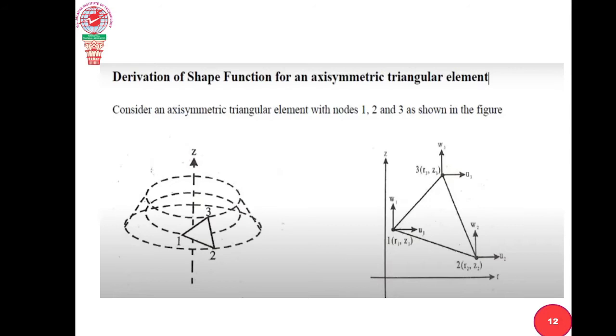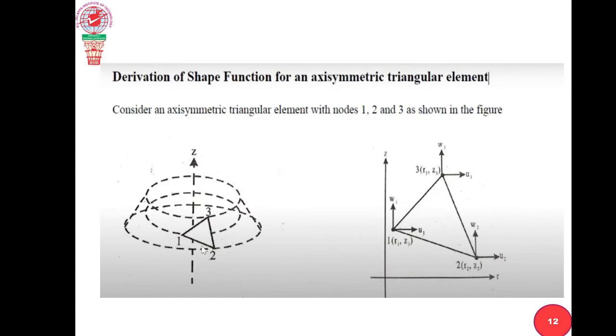Keep this in mind. Like in 2D there are quad and tria, here it is tria, that is triangular. That's why it's called an axisymmetric triangular element. It has three nodes: one, two, three.